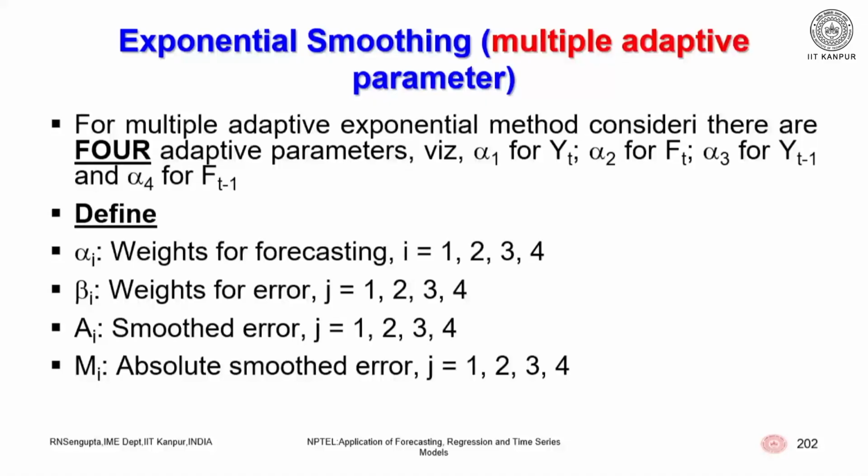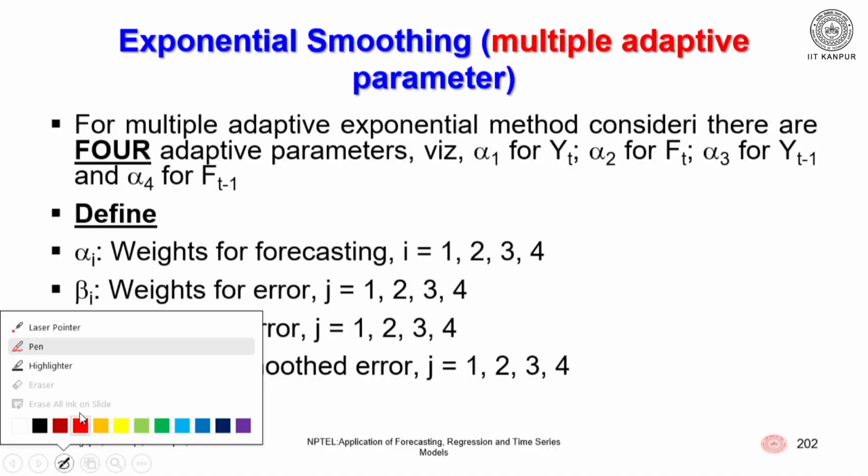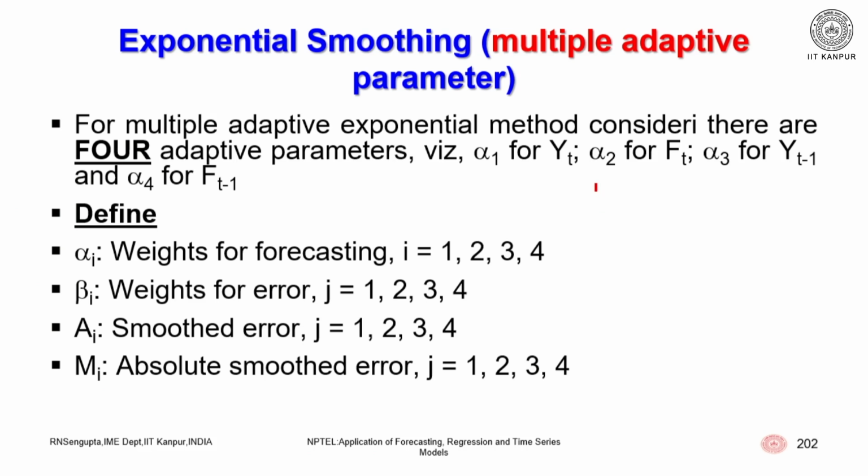We also have the actual value yt minus 1 and the forecasted value ft minus 1, and based on these 4 values we are going to forecast for the next time period, which will be given by ft plus 1.